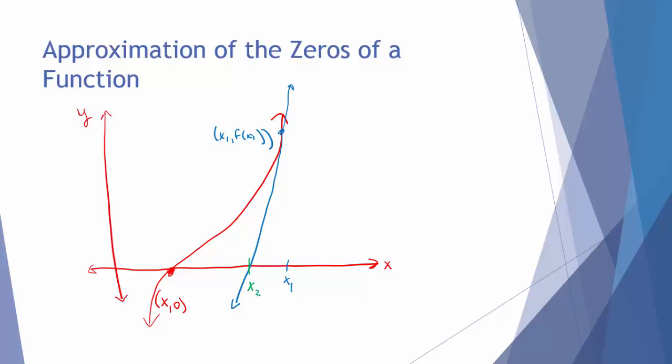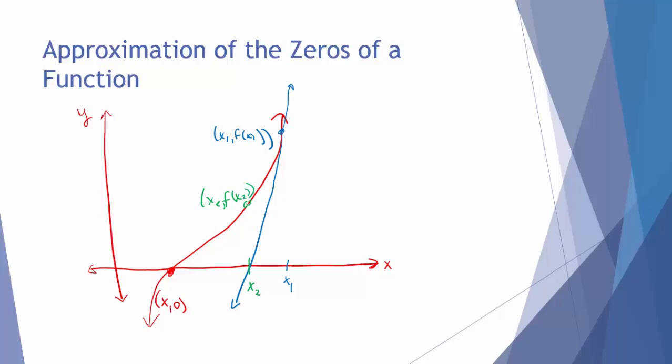So let's say I find that 0 of that tangent line, call it x sub 2. You then basically repeat the process. You say, okay, if this is x sub 2, find the y value associated with that x value on the curve itself. So this point right here, the green point, has coordinates x sub 2, f of x sub 2.